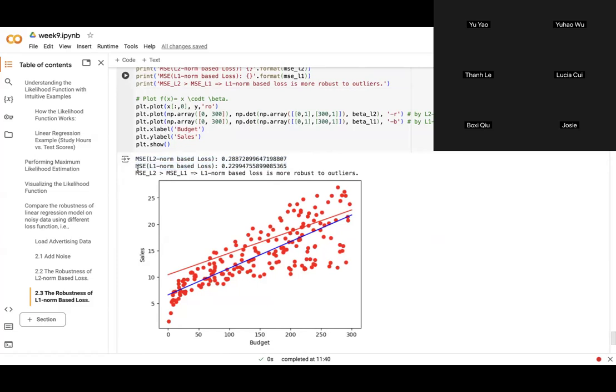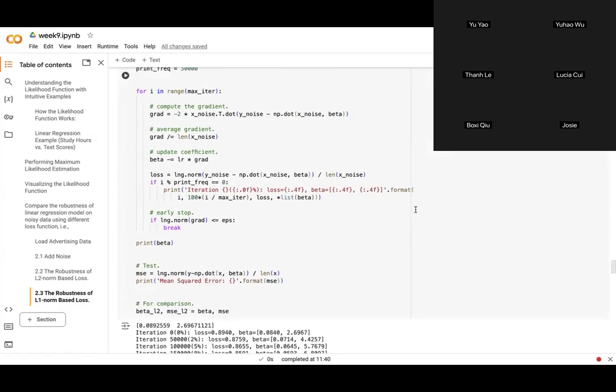We can see that, using the mean square error measurement, the L2 is better than the L1. But the blue line is from the L1, the red line is from the L2, and we can see the blue line fits our training data better. Okay, this means the L1 norm is more robust to the outliers, like these blue dots.